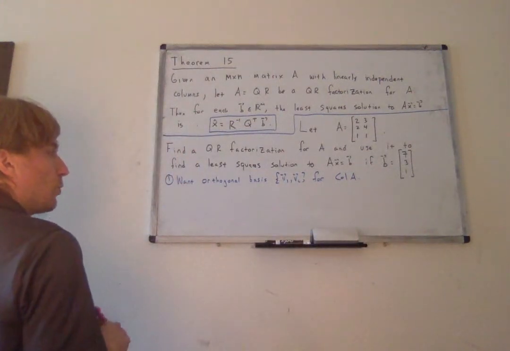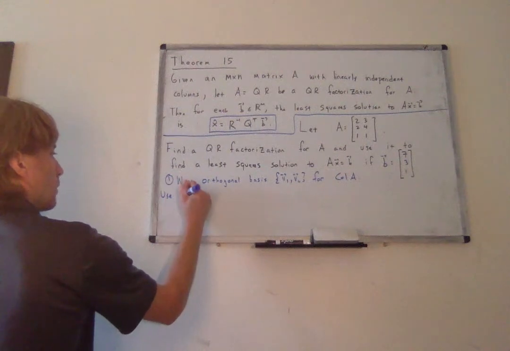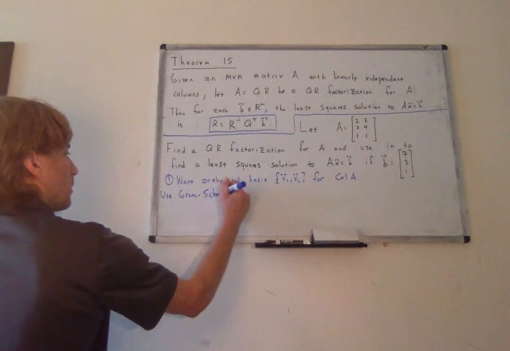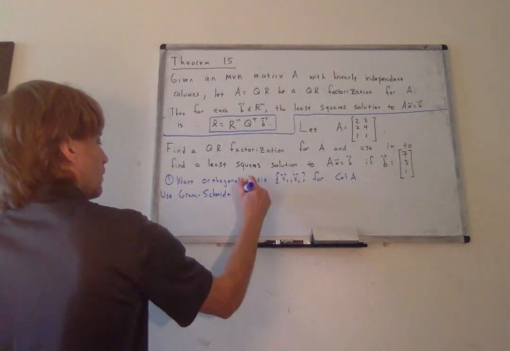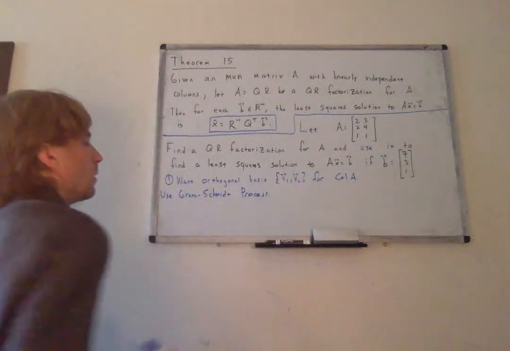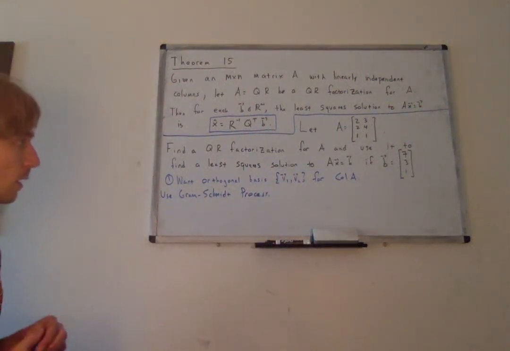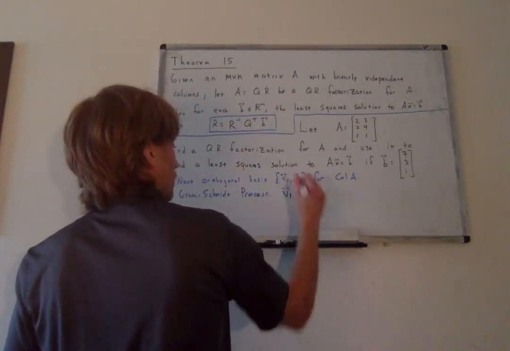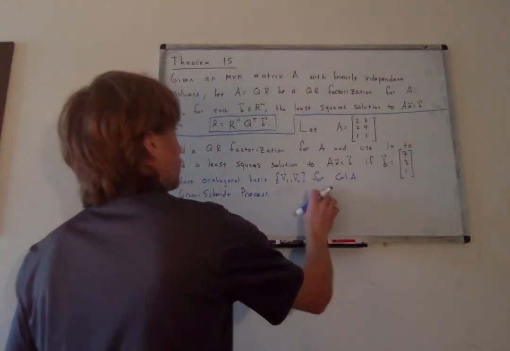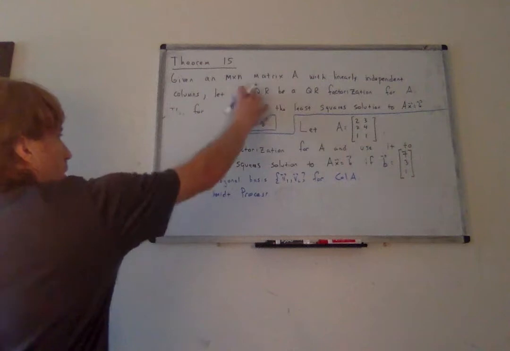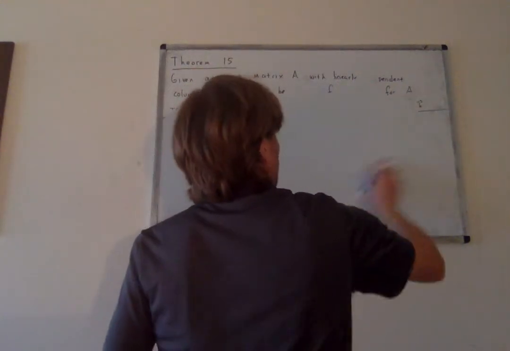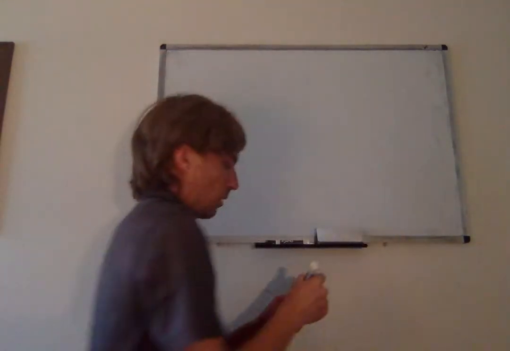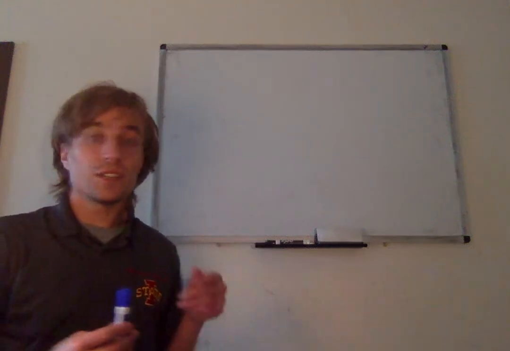To do that, we're going to use the Gram-Schmidt process. To save space, I'm going to erase the board here to make sure we have room. The problem is outlined on the worksheet, and a few seconds earlier in this video.